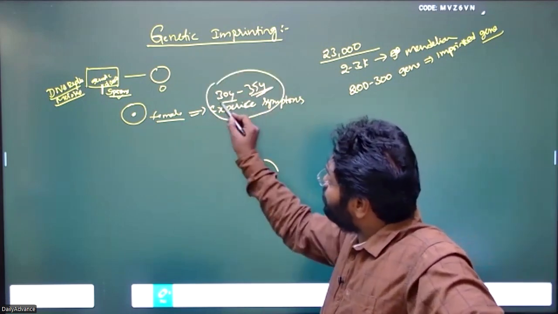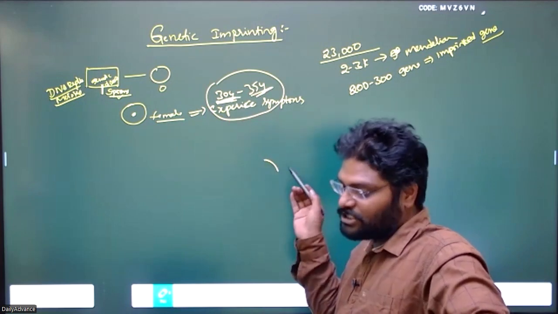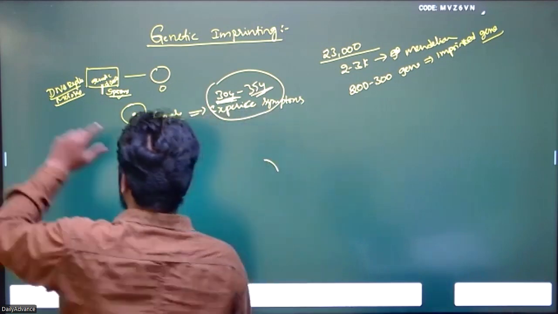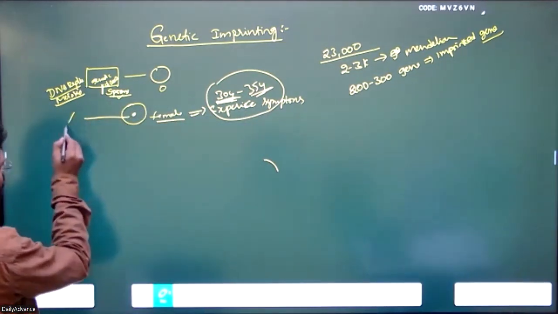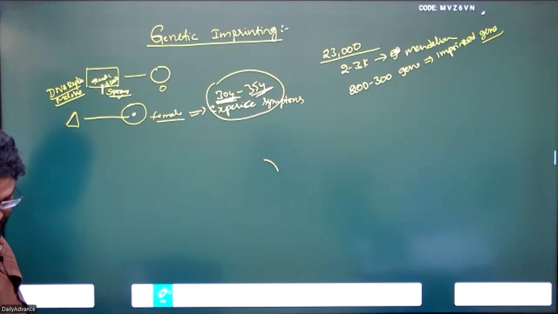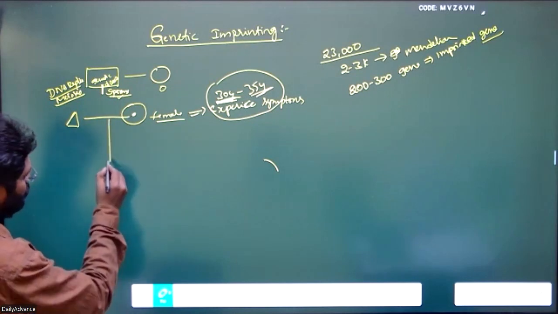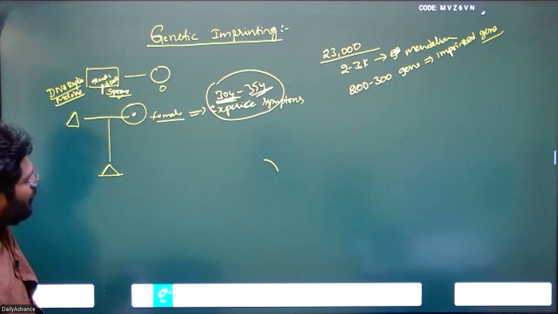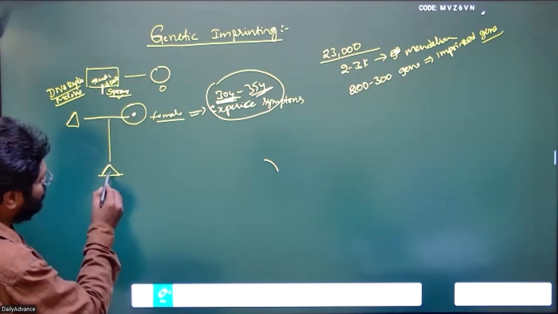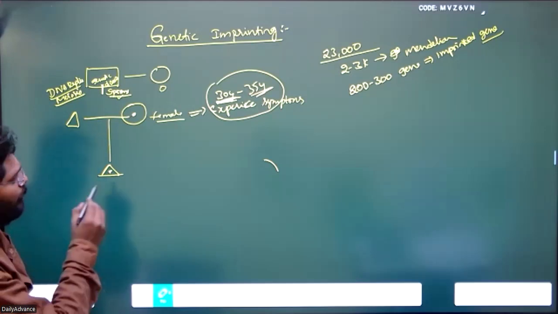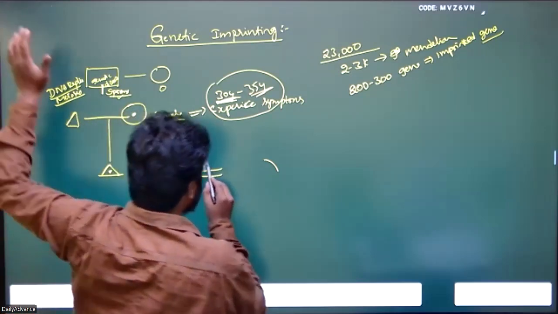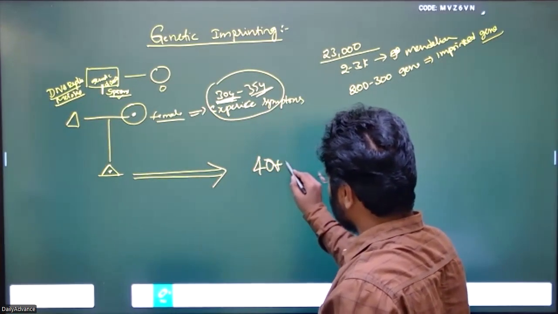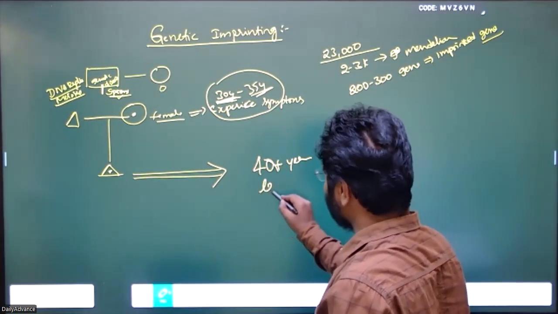But before expressing the symptoms, she got married and produced a child. That means she married another person, a male. Now the mother has the disorder, so from mother to child, the child acquired it. Understand? Now the trait is passed to the son. The son expresses this disorder at 40 plus years, with less severity.